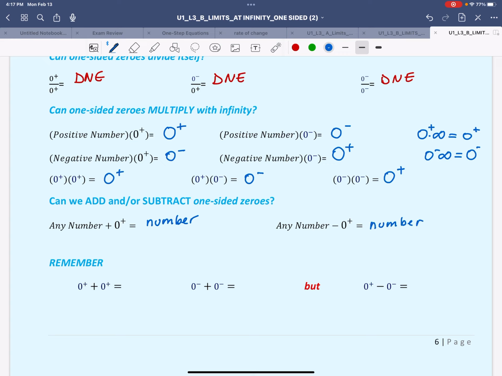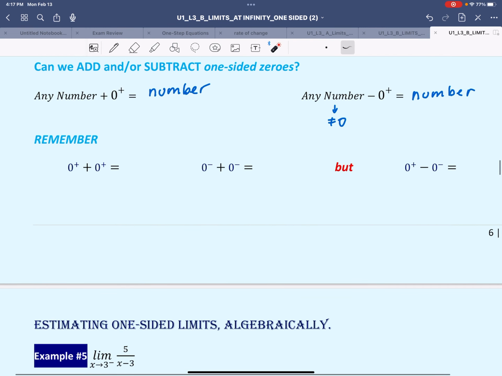We're talking about a number in here that is different than 0. Now, the last one that we are going to talk about is 0 plus plus 0 plus. You add two very small numbers, you get one very small number. It's a positive. You add two negative zeros, then you're going to get a very small negative 0.